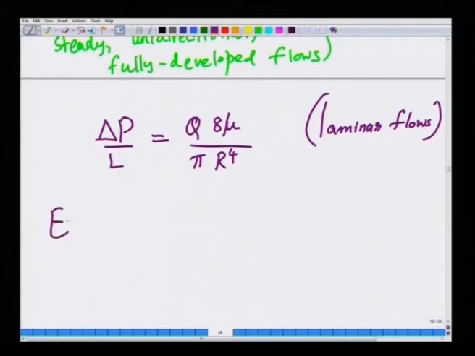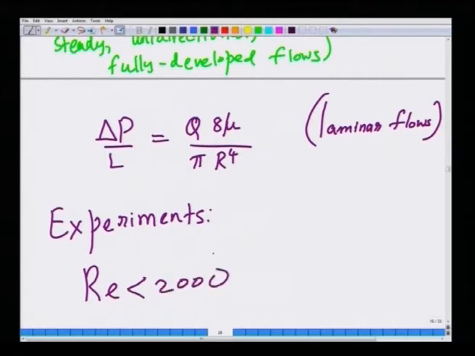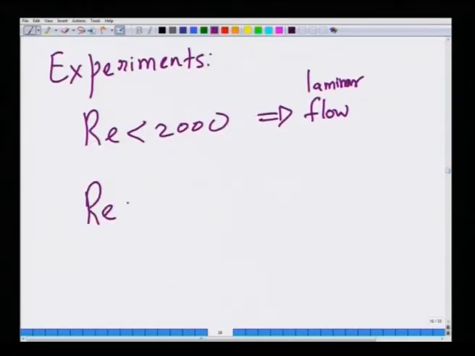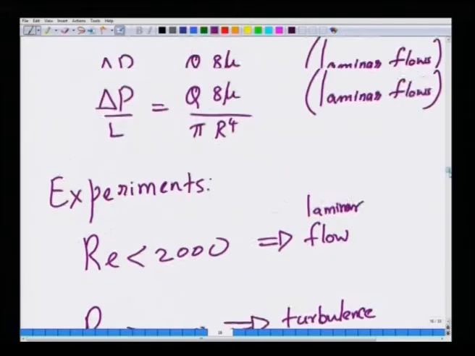And experiments tell us that when the Reynolds number is less than 2000, this relation is valid, that is flow is laminar. But when the Reynolds number is greater than 2000, there is a transition to turbulence, and this relation is not valid.